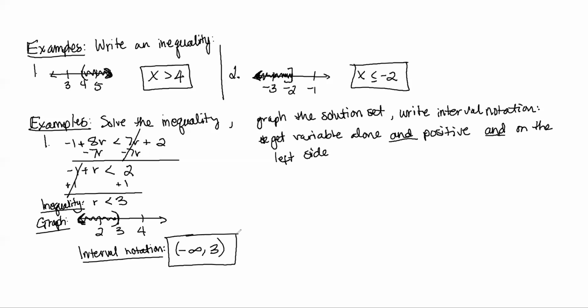All right, let's go ahead and try another of those. Actually, let's go ahead and look first at where inequalities and equations differ. So then we can jump into the rest of these examples here.